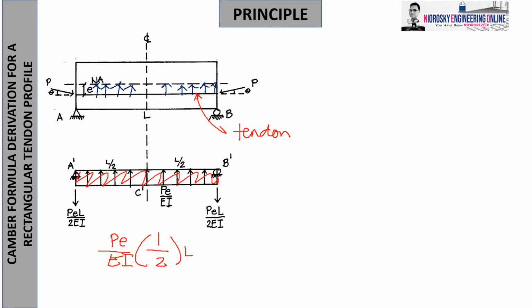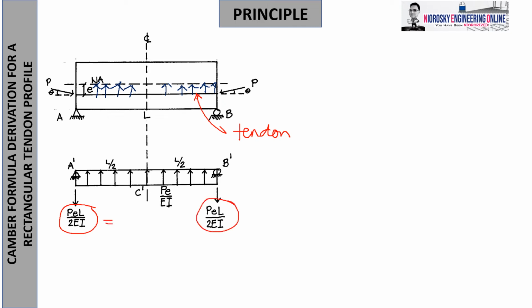So the reaction is PEL over 2EI. However, these are all taken as fictitious reactions. The fictitious reaction is equivalent to the slope at A and slope at B. That is the topic of the conjugate beam method you studied in theory of structures.